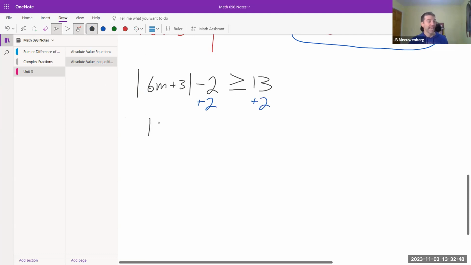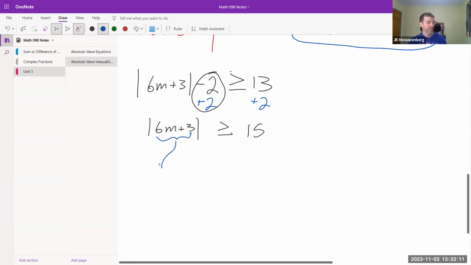That leaves us with the absolute value of 6m plus 3 is greater than or equal to, because this thing is gone, 15. Okay, now let's examine it. Our absolute value is all by itself. So we are okay now to separate it.